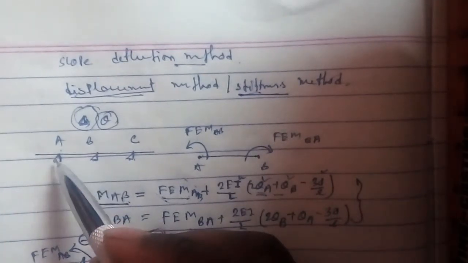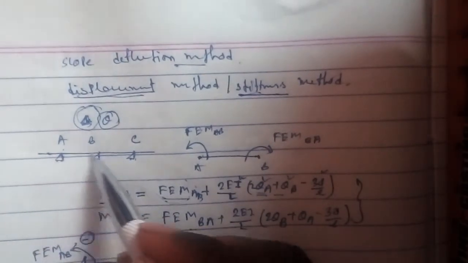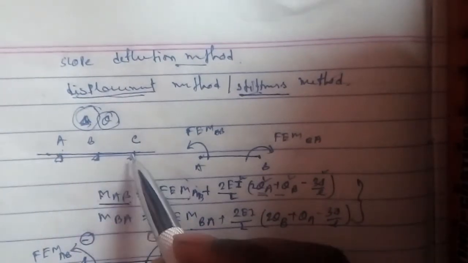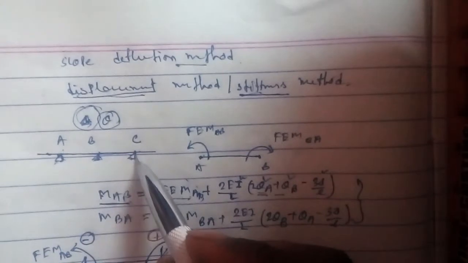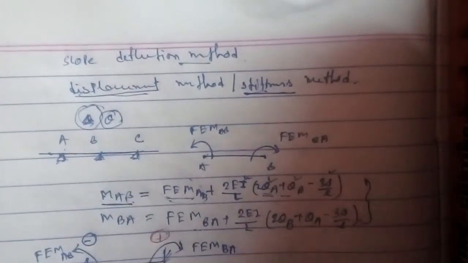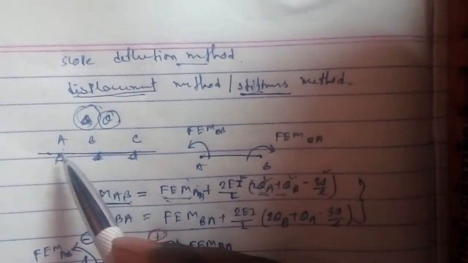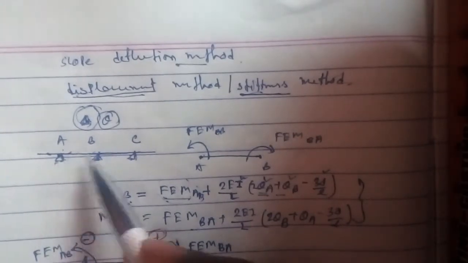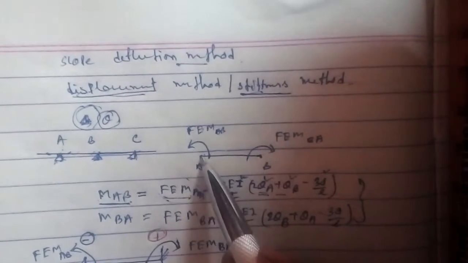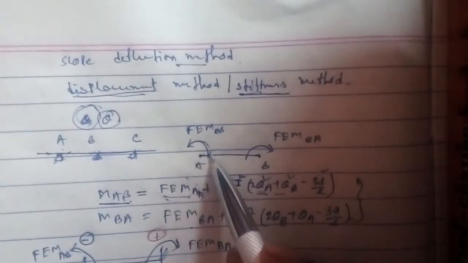Suppose here is a beam A, B and C. Here is a hinge support, here is another hinge support, and here is another hinge support. Suppose we take the beam section A to B. For A to B, there will be a fixed end moment.